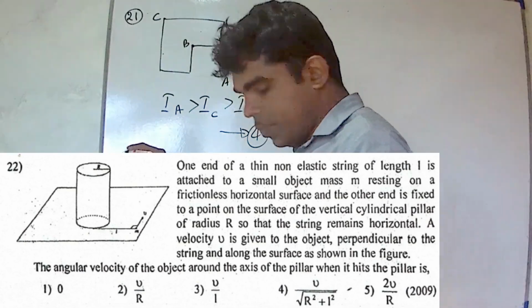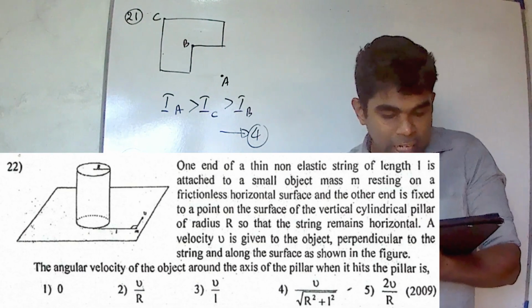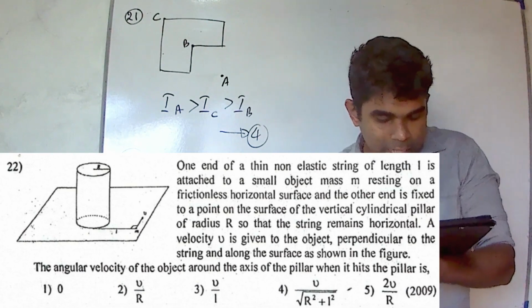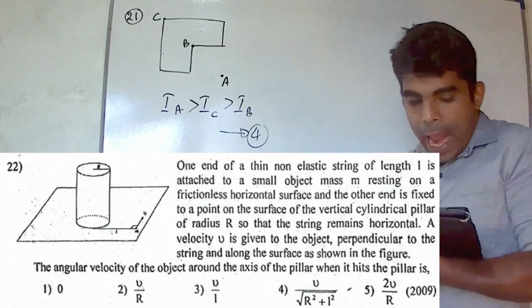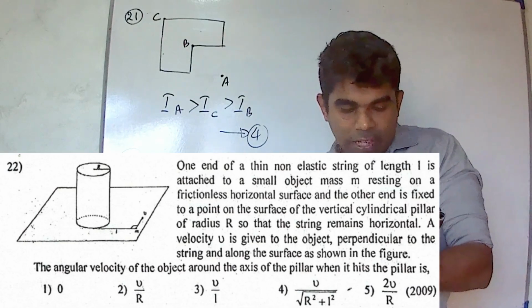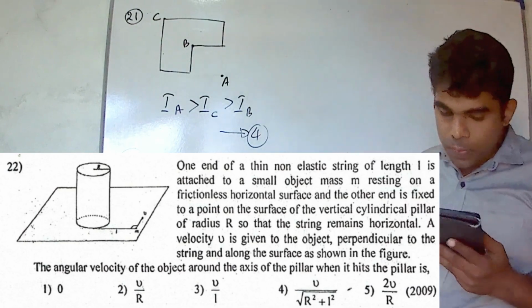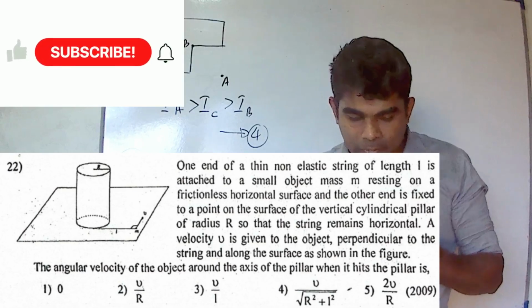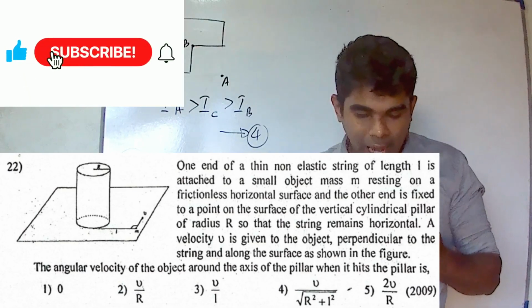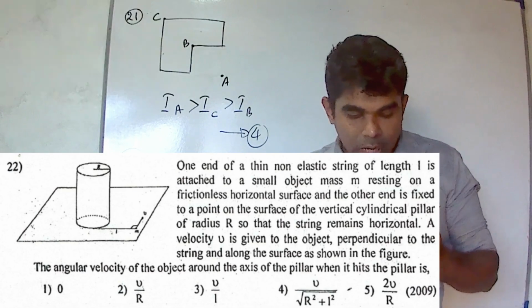Then 22. One end of a thin non-elastic string of length L is attached to a small object of mass M resting on a frictionless horizontal surface, and the other end is fixed to a point on the surface of a vertical cylindrical pillar of radius r, so that the string remains horizontal.